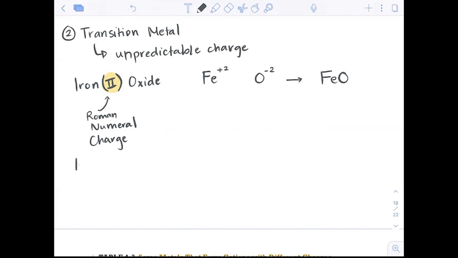Now, there is such a thing as iron(III) oxide. Fe+3 and oxygen -2. Not a 1-to-1 ratio anymore, so the charge swap, Fe2O3.